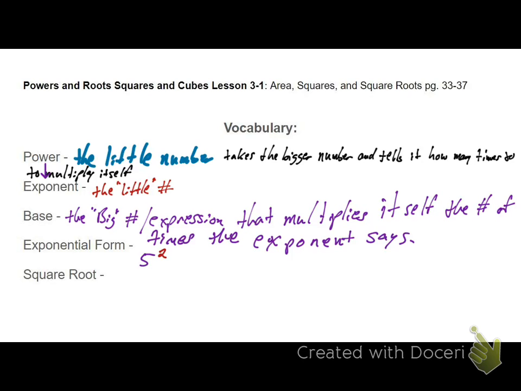Exponential form is the base with the exponent attached to it. So, not always the solution, just what it would look like if, in this particular case, you're squaring a number.